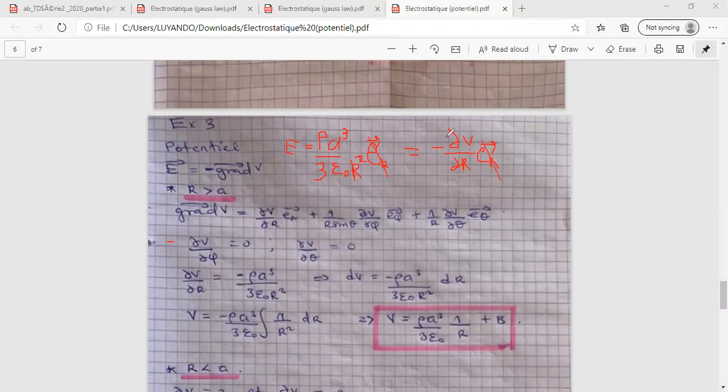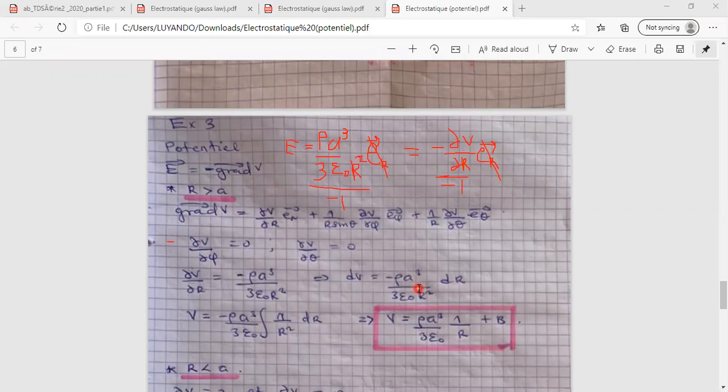Now we're going to establish dV, making dV the subject of the formula. We can simply divide this side by -1, and this side as well by -1. So we have dV over dr is equal to this. And then when we make dV the subject, we're going to have this.